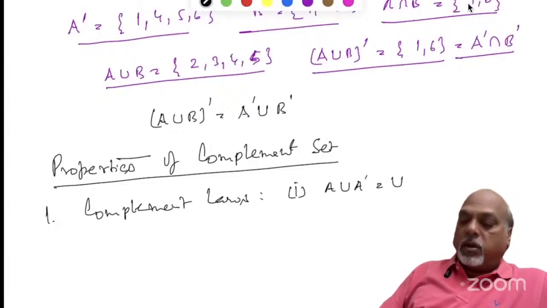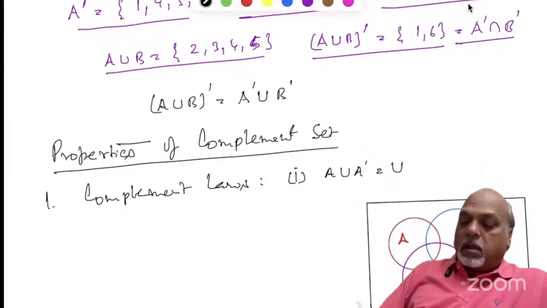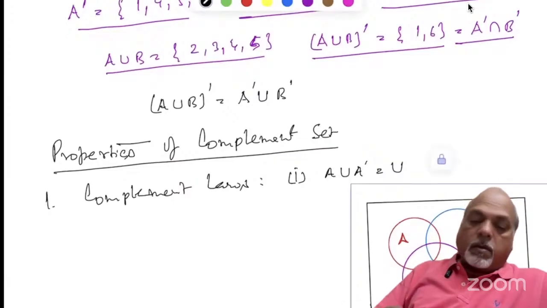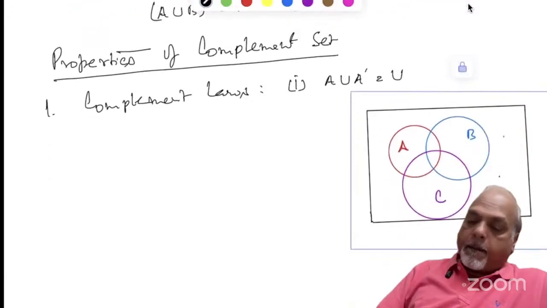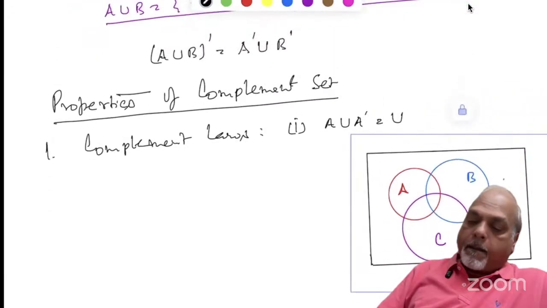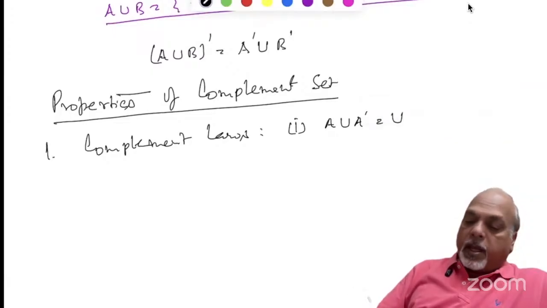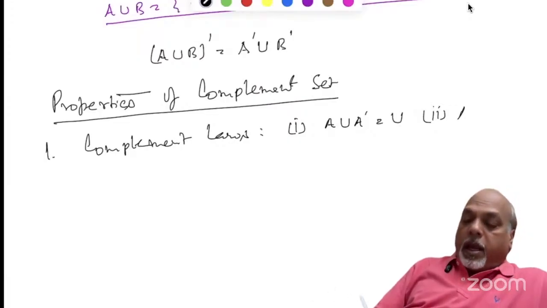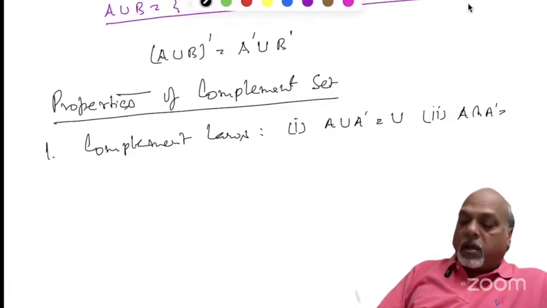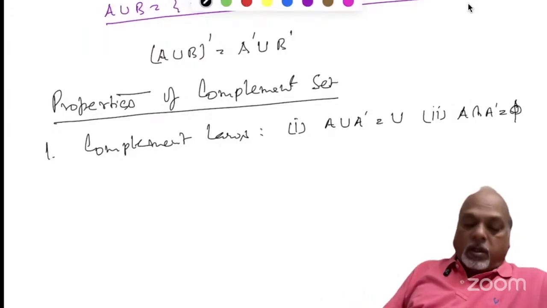It is quite natural. Then another thing is A intersection A dash is nothing but phi, because they are disjoint sets.